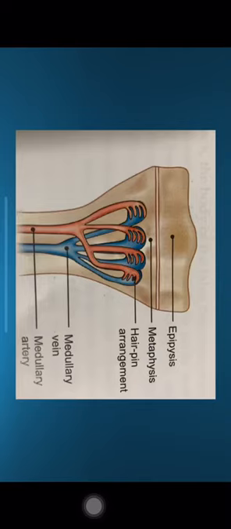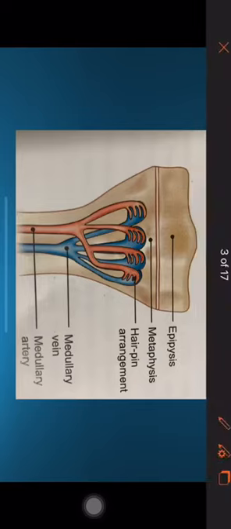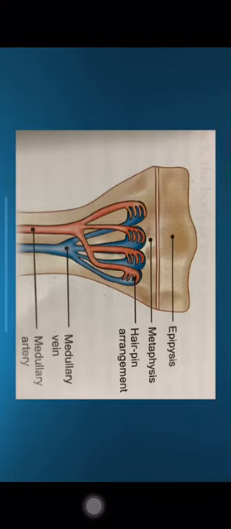Above the metaphysis you can see a growth plate between the epiphysis and the metaphysis. When the infection happens here, the pus cannot go beyond the growth plate. The growth plate will act as a barrier.